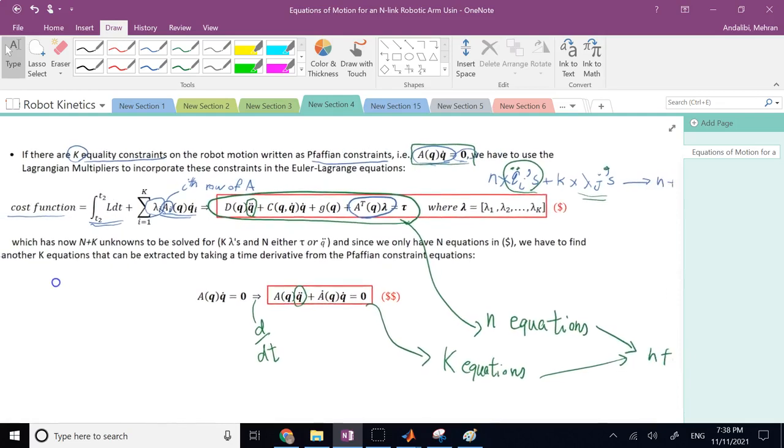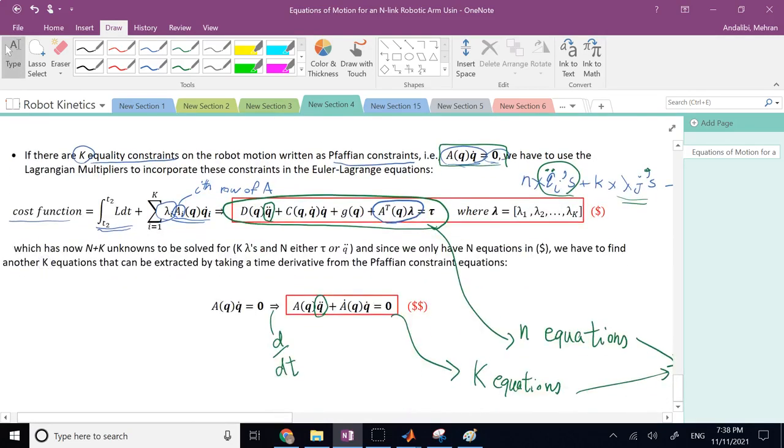Okay, so as I said, if your constraints are written as a Pfaffian constraint, that makes life a lot easier to incorporate them into your governing equation. You just add one extra term, as I said here, and you also take the time derivative of your constraint, and those will give you some further extra equations, right?